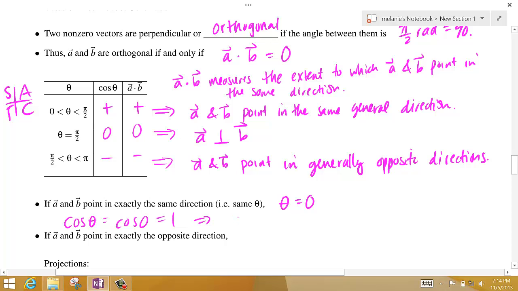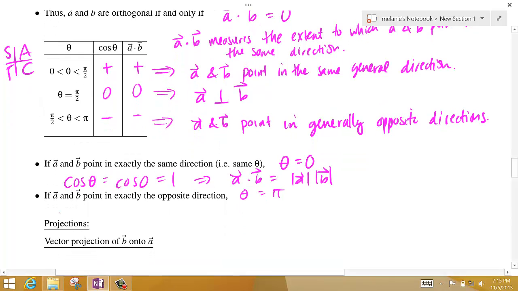Which means A dot B is equal to the magnitude of A times the magnitude of B. If A and B point in exactly the opposite direction, that means theta is pi. So if theta is pi, we have cosine pi, which is -1, which means A dot B is the negative of the product of their magnitudes.